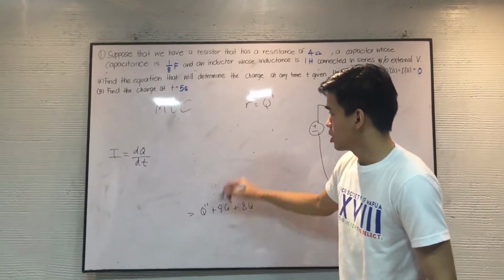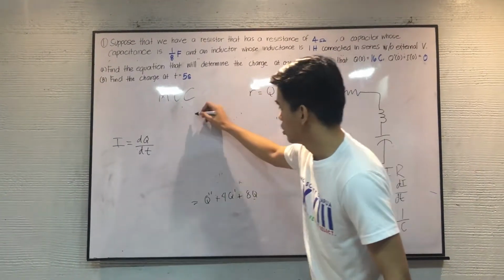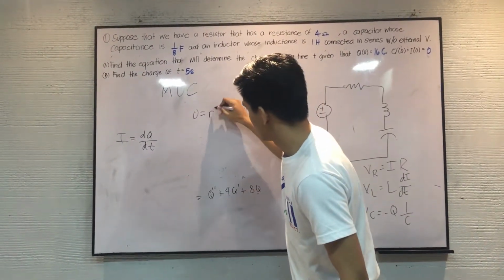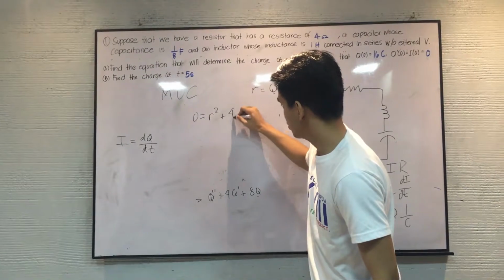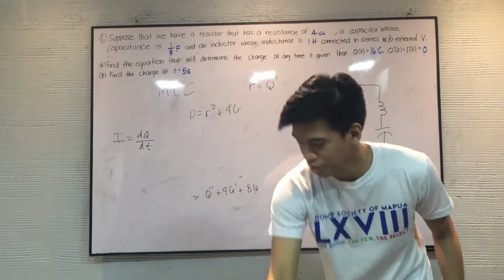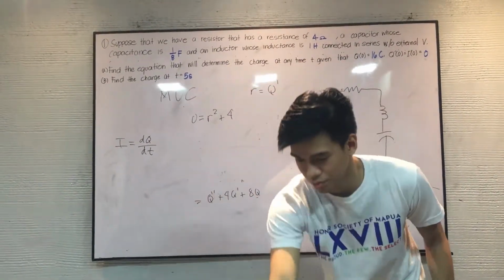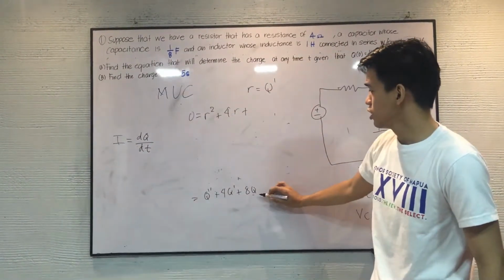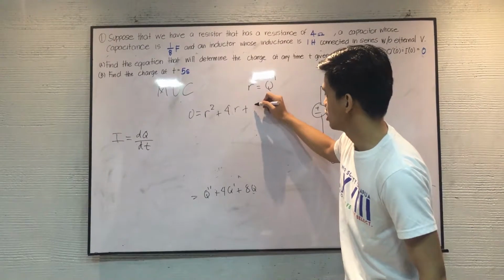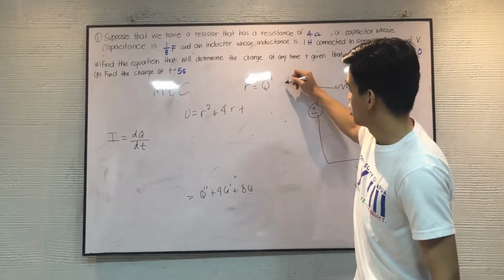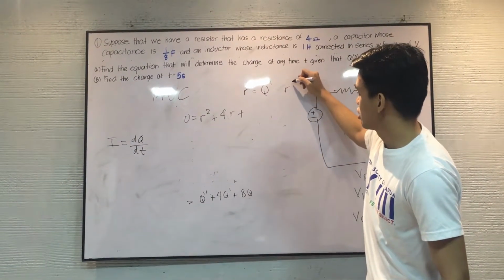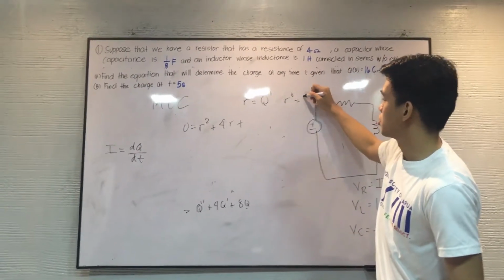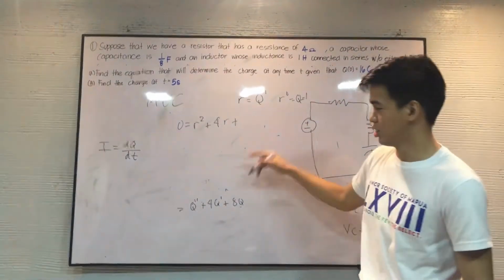By substituting this, we can convert the equation into r squared plus 4r plus 8, where the Q term remains as 1 since r to the power of 0 is equal to 1.